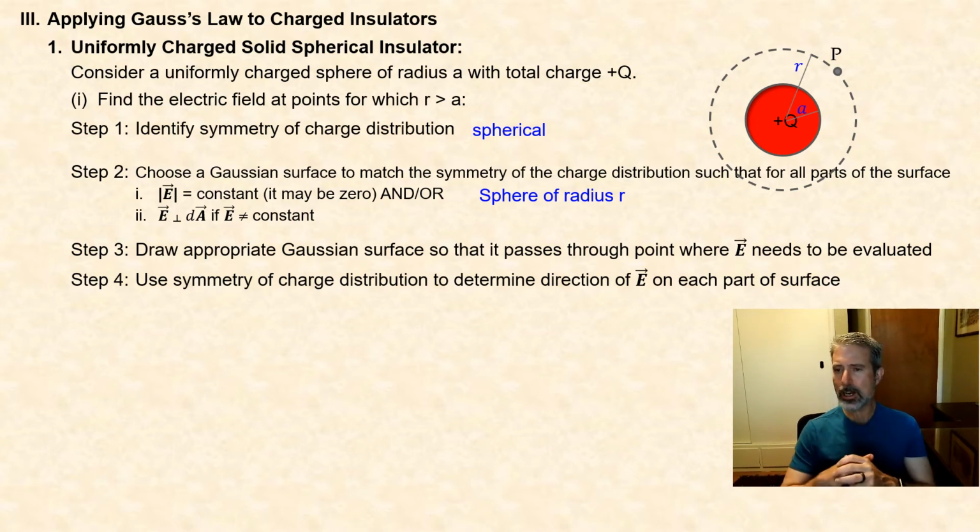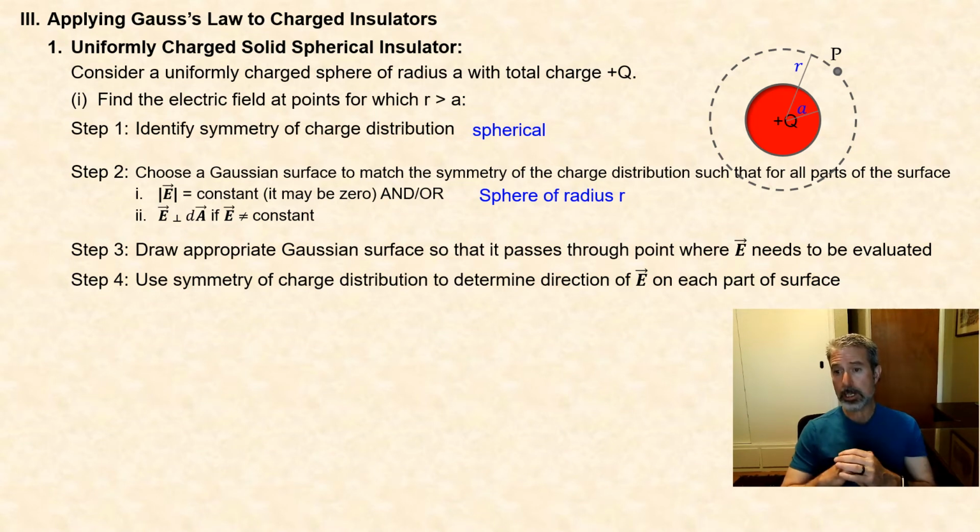But the symmetry would tell us that as long as you are the same distance away, the magnitude of that field should be the same, and the direction of the field must be in the radial direction. It must be directed radially outward.